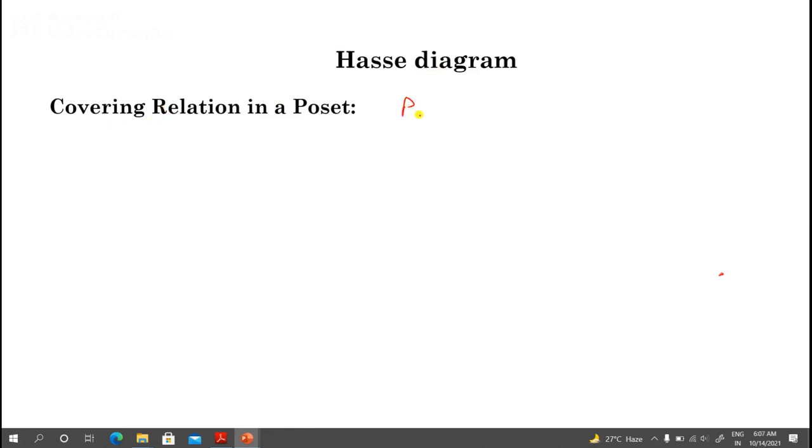Suppose P is a poset and the partial order relation is defined in the set P in this way.